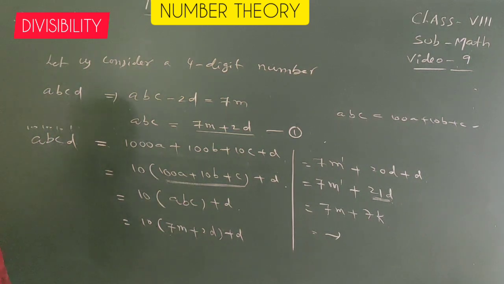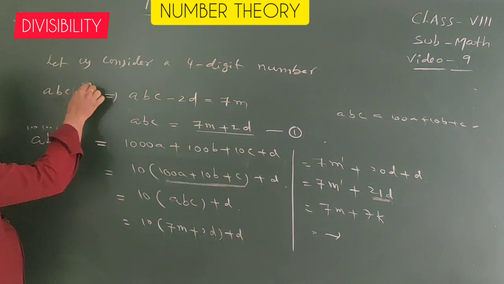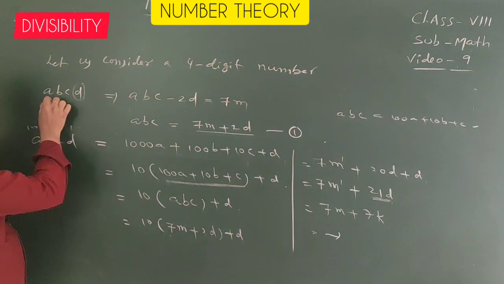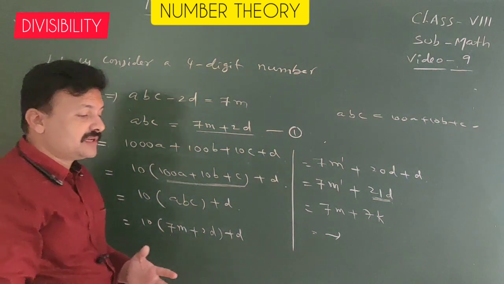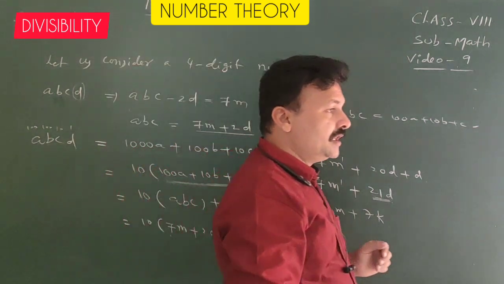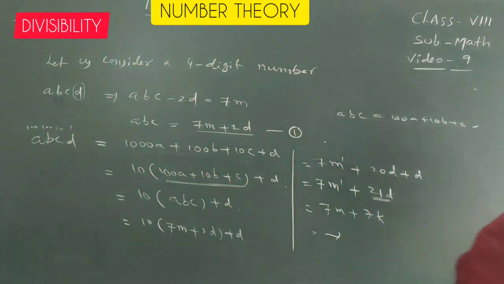After this, we need to prove ABCD is divisible by 7 if and only if twice the last digit subtracted from the truncated number is divisible by 7. Now I said when twice the last digit is subtracted from the truncated number and the formed number is divisible by 7, the given number is divisible by 7.